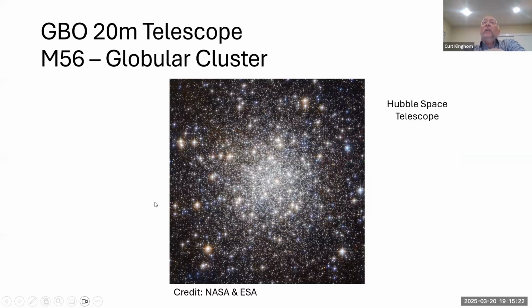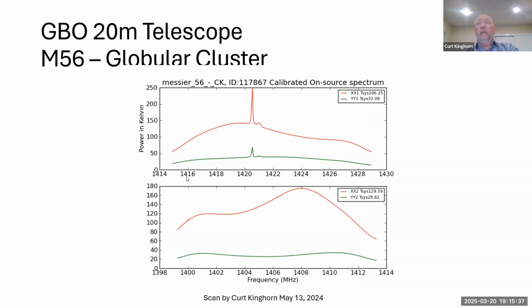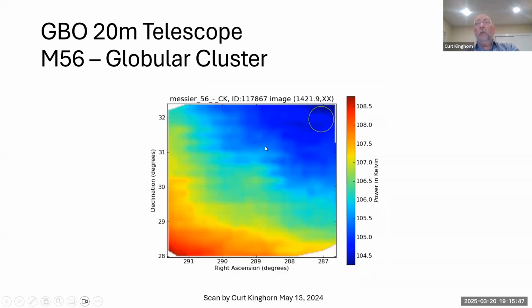It also occurred to me, what happens if you look at objects that don't produce much radio? This is an optical picture of M56, which is a globular cluster, and it's beautiful. And here's the spectral analysis of it. By the way, this is all software that's built into the 20 meter, it does all this for you, as Jason pointed out.